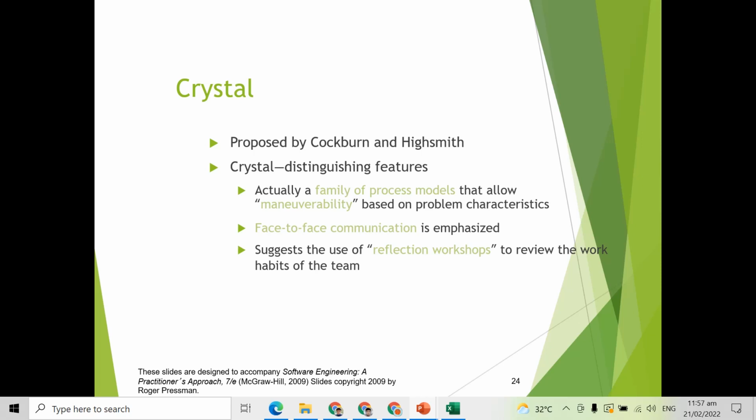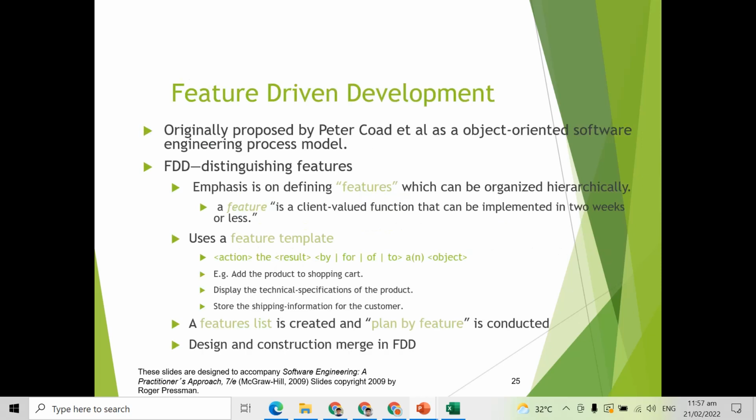Crystal, distinguishing features: actually a family of process models that allows maneuverability based on problem characteristics. Face-to-face communication is emphasized, and it suggests the use of reflection workshops to review the work habits of the team.